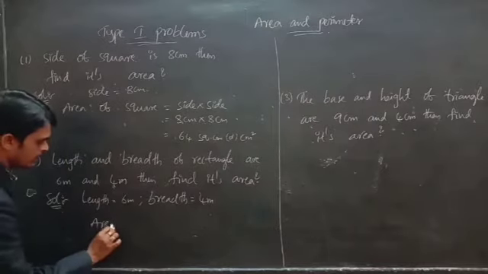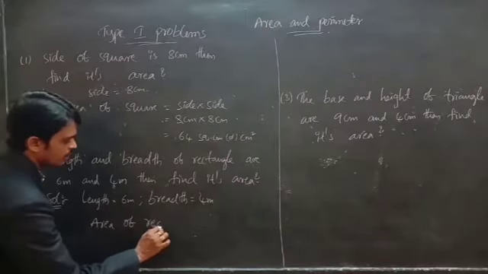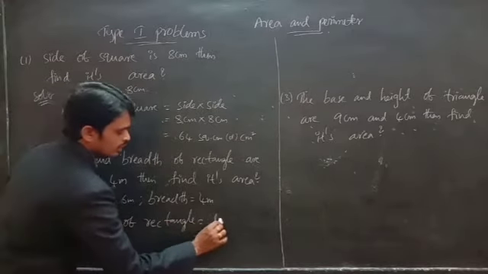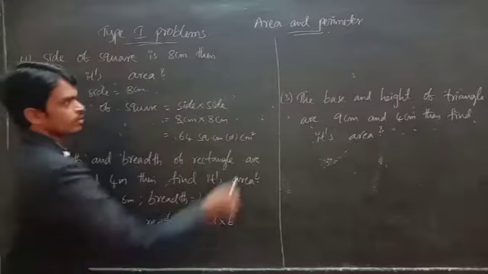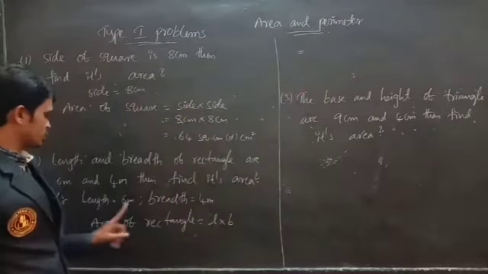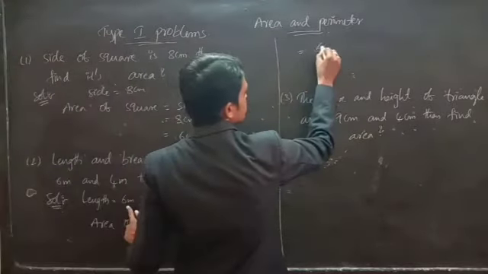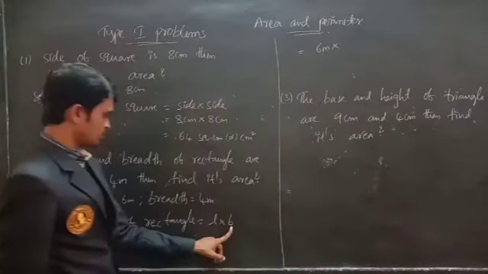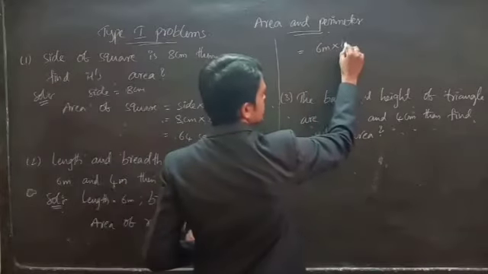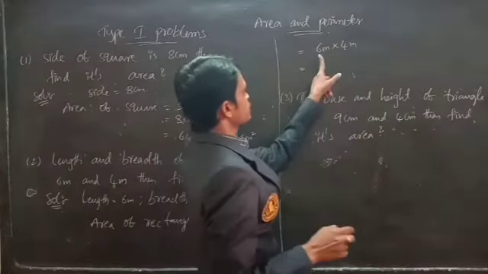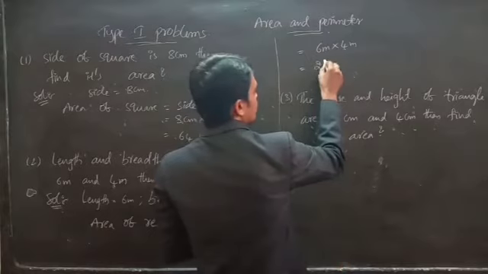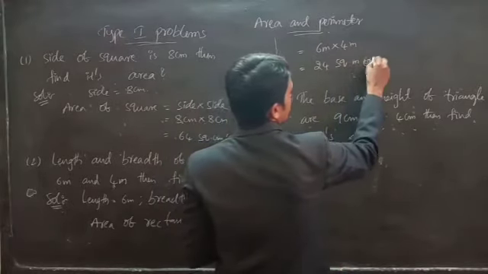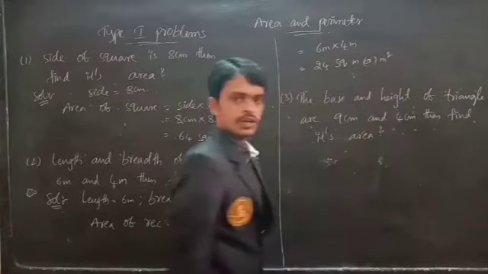So the area of a rectangle formula is length into breadth. So length is what? 6 meters into breadth is how much? 4 meters. Now multiplying, 6 fours are 24. Meters into meters, square meters or meter square.